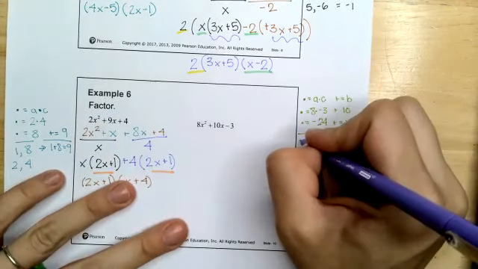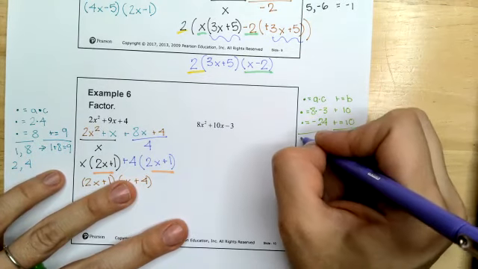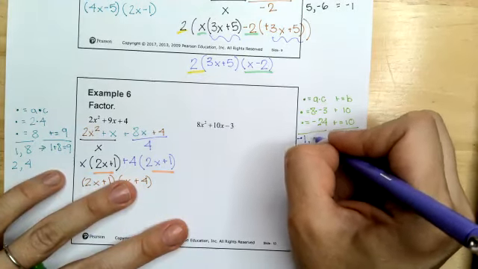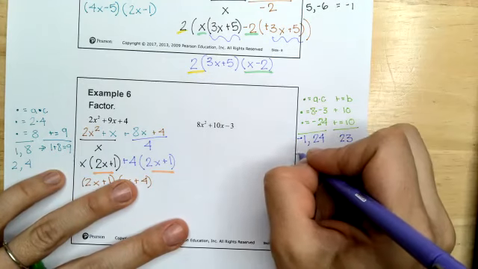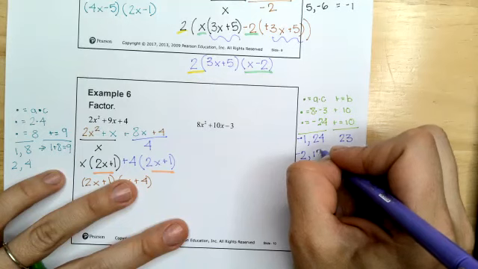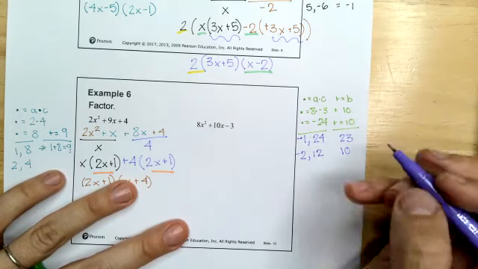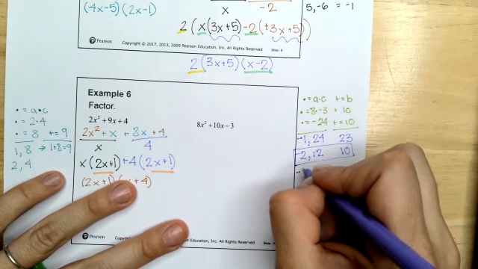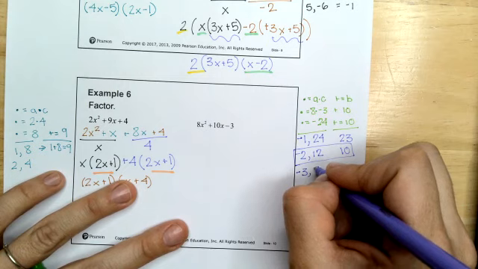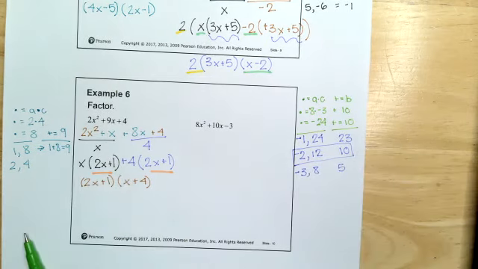Now, if it's a positive 10, I want my smaller number to be negative. So negative 1, positive 24 is going to get me a 23, right? Negative 2, positive 12 is going to get me a 10. Oh. Sometimes you just find it, right? Negative 3, positive 8 is going to give me 5, right? We can keep going.